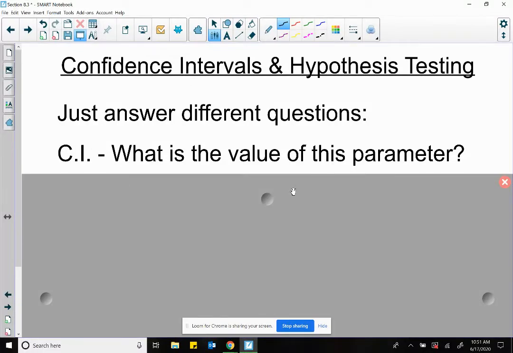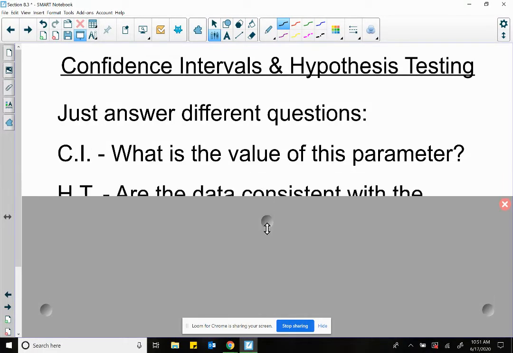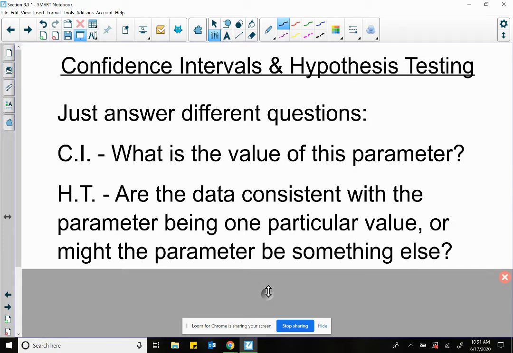That's what confidence intervals answer. In hypothesis testing, you are asking the question, are the data consistent with the parameter being one particular value? That's your null hypothesis. Or might the parameter be something else? That's the alternative hypothesis. So your question is, does the data match the null, or does the data say it's something else? That's what you're answering with hypothesis testing.